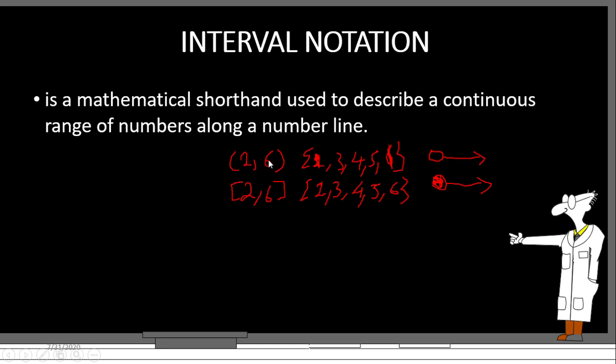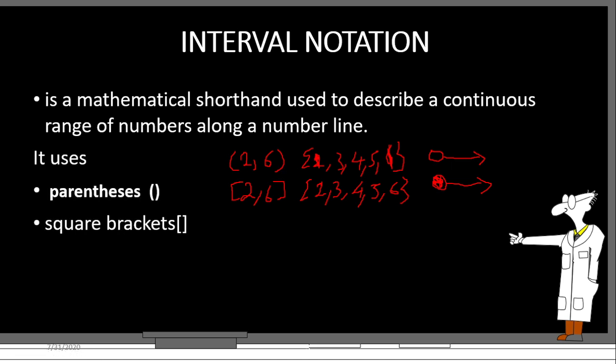So (2,6) here can express the numbers in between, which are 2, 3, 4, 5, then 6. We use two things: parentheses and square brackets. The parenthesis, or open set, means that the 2 and 6 are not part of the set.